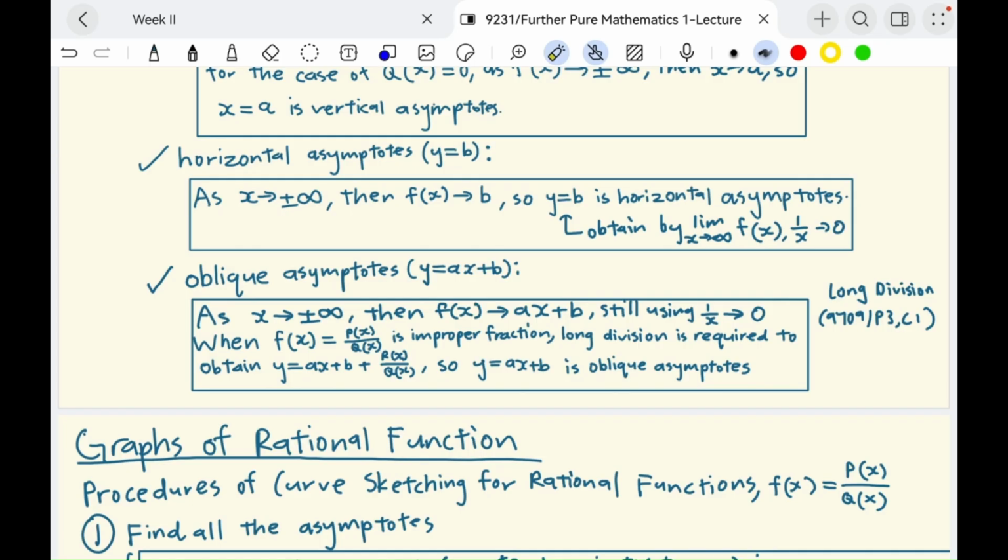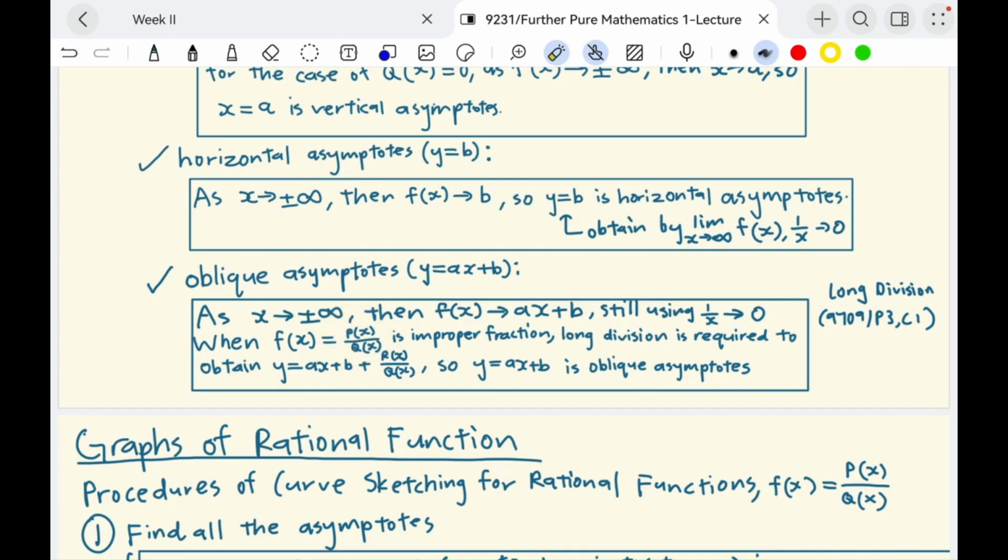So when f(x) is an improper fraction, this happens when the rational function is an improper fraction, the long division is required to obtain y equals to ax plus b and then the remainder r(x) over q(x). So y equals to ax plus b is the oblique asymptote. Over here, you can tell f(x) is an improper fraction by referring to the degrees of p and q.